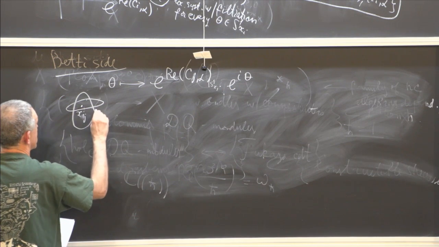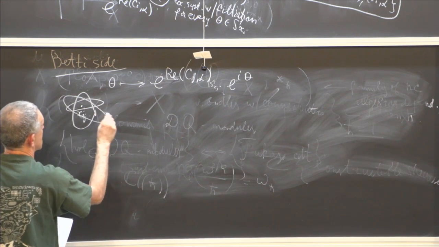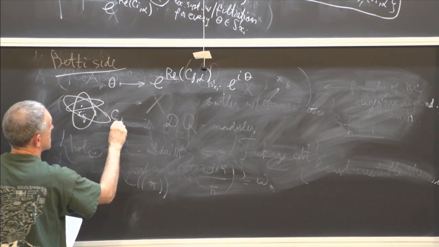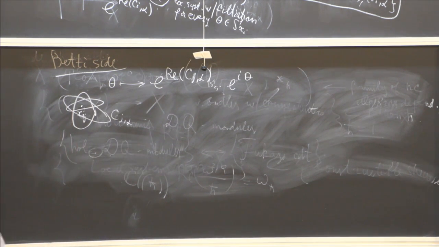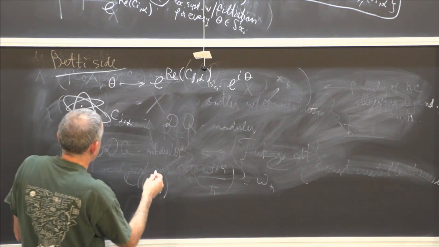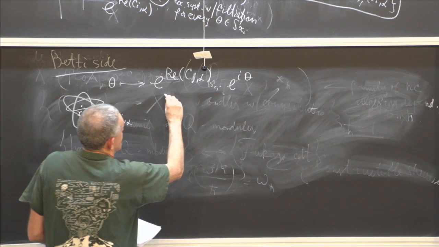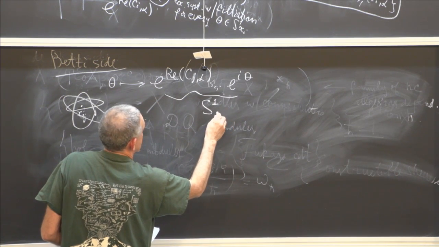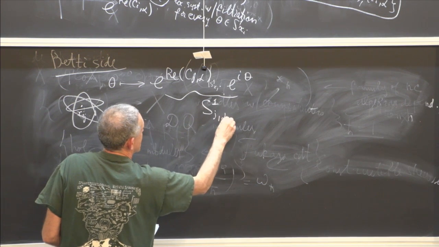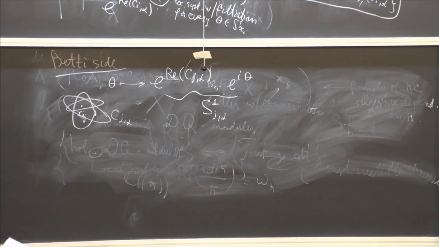And I have many of them. Each singular term, each alpha, gives me a closed analytic curve, which is also some kind of circle, gamma alpha, like that.